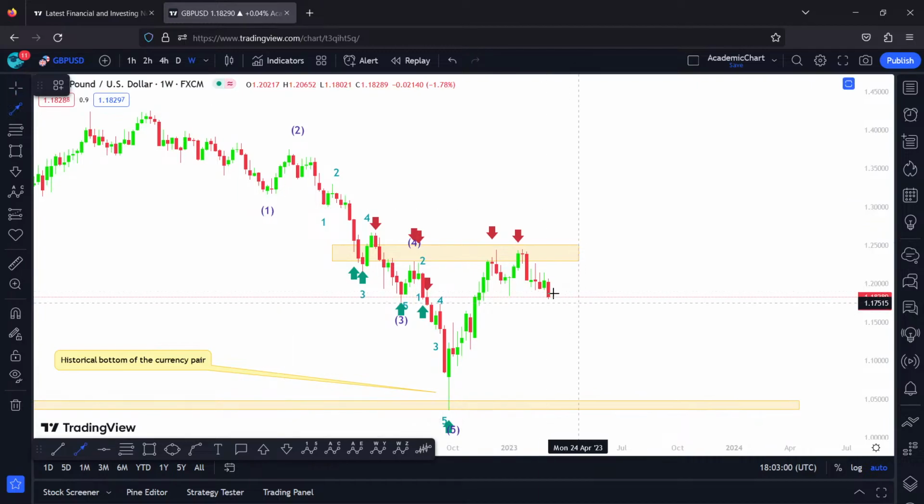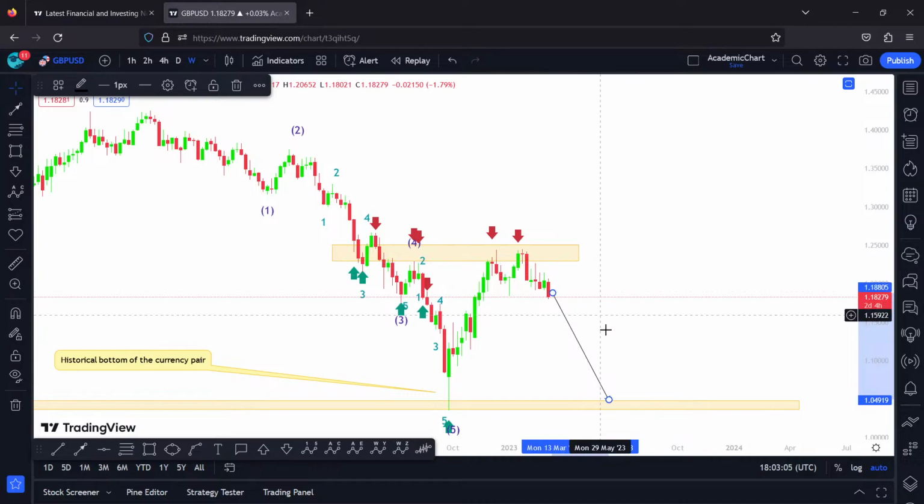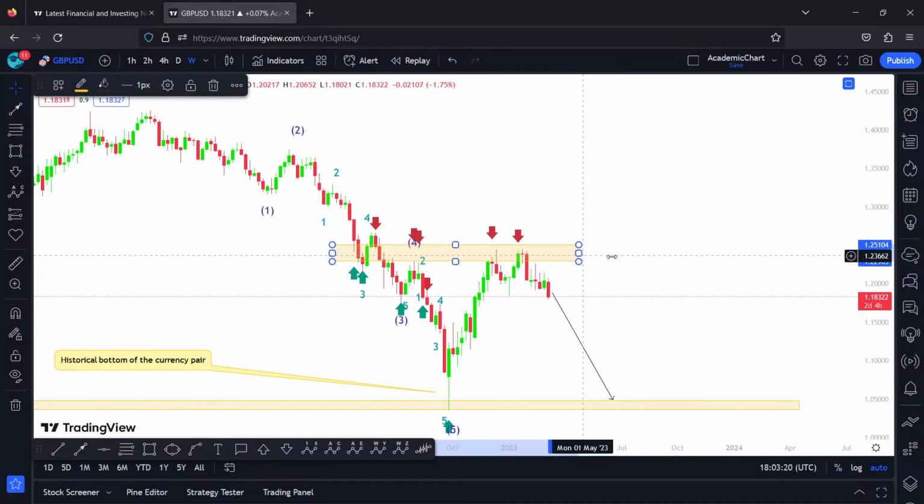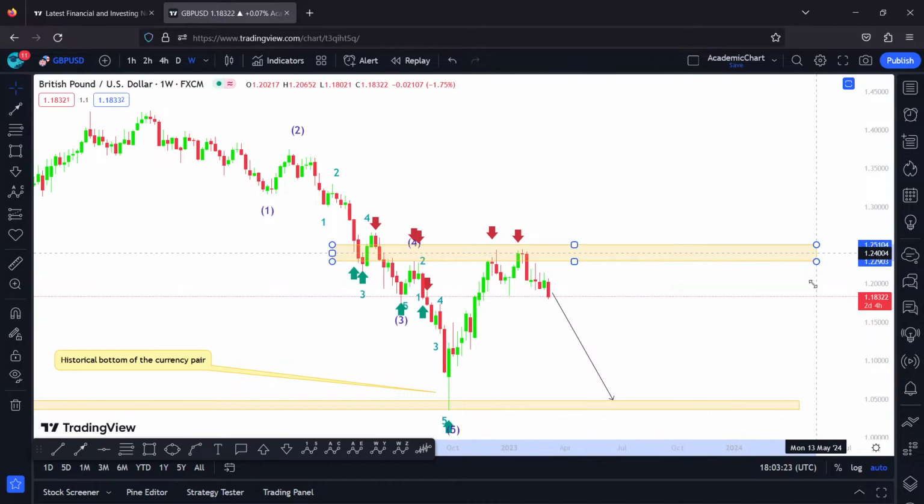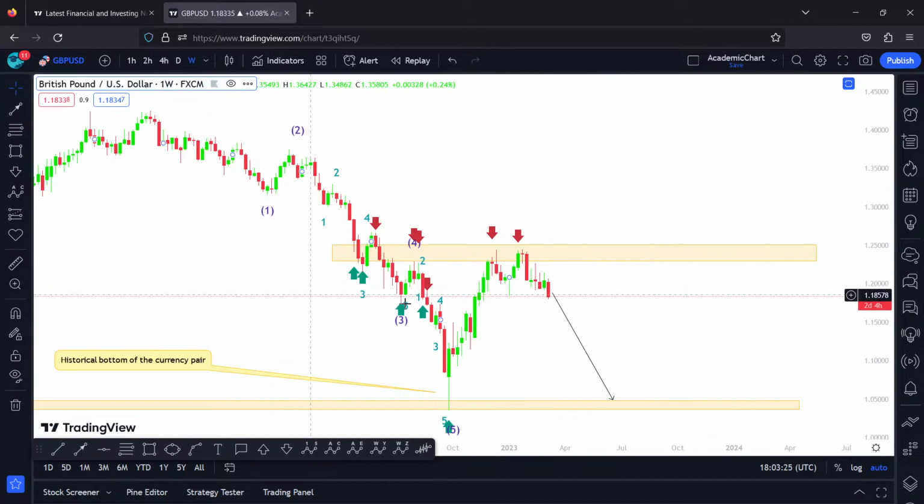I can say that in the long term, we know that in the short term it might go up and then come back, but in the long term, what I'm actually seeing is that the price is coming back to this level. According to the long-term conclusion, after this fifth wave, we probably are going to have some sort of flat correction.